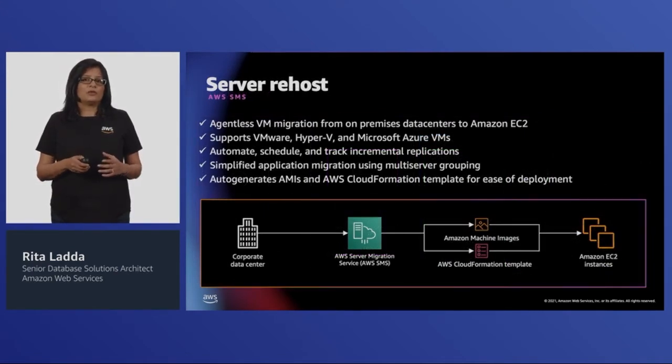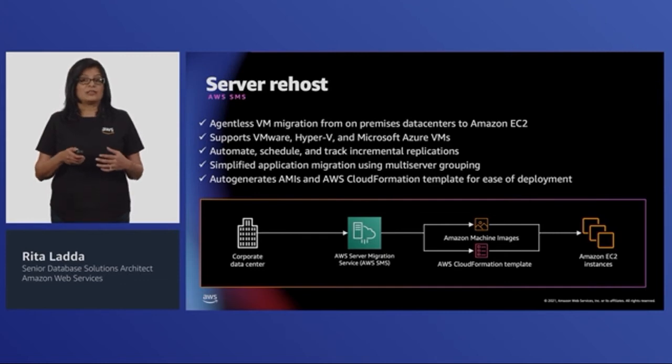If your environment primarily consists of virtual machines, then you can also use Server Migration Service or SMS, which is a no-cost tool offered by AWS. SMS can migrate from VMware, Hyper-V, or Microsoft Azure to AWS.